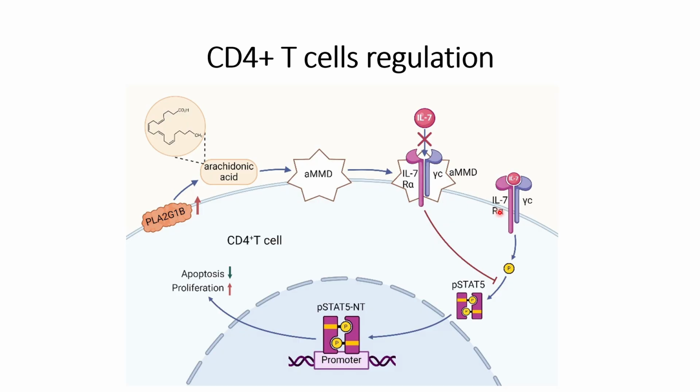So in the case of autoimmune disease, one of the conditions that might occur is if this PLA2 G1B is not secreted normally.